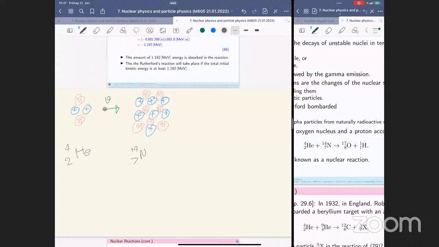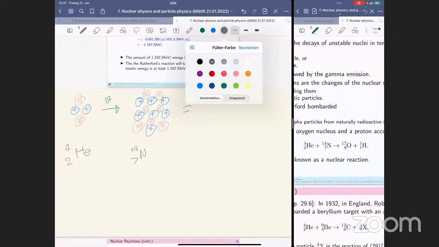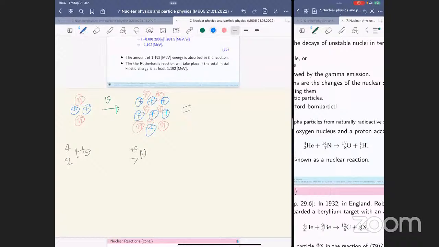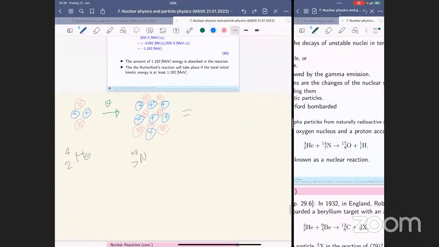And the outcome is we get oxygen, right? There are 8 protons.